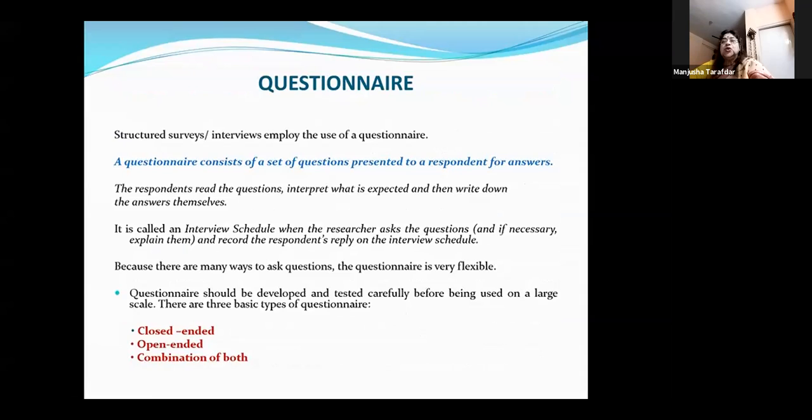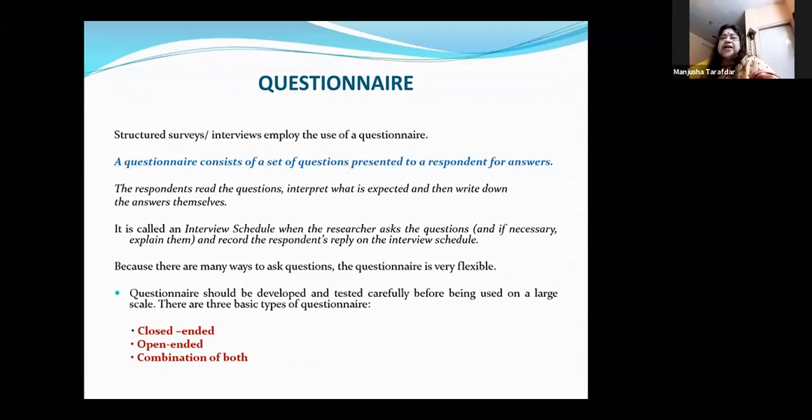Now, as a tool, we are always preparing the questionnaire. How will we prepare it? The structured surveys or interviews employ the use of a questionnaire.